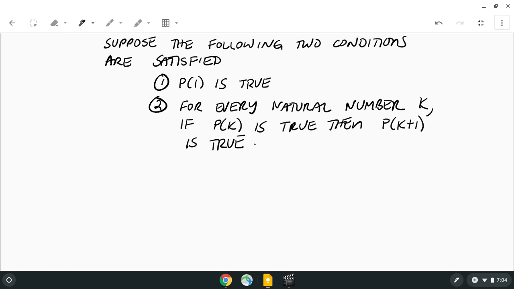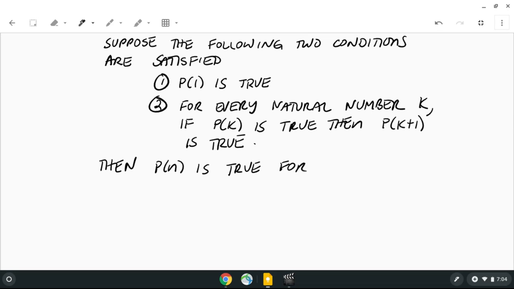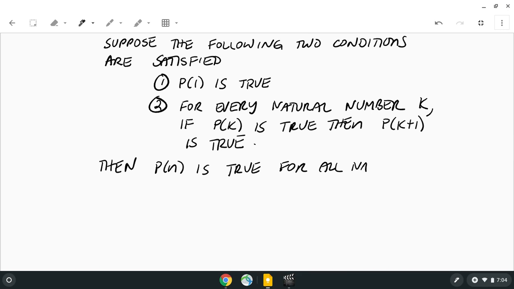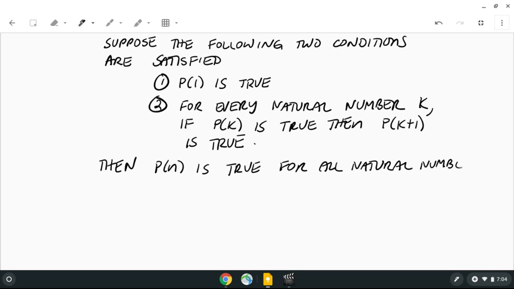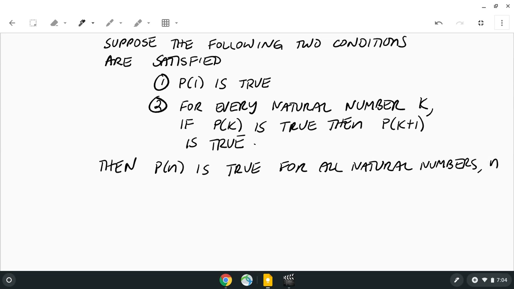If these two conditions are satisfied, then P of n is true for all natural numbers n. That's how we prove that it's true for all numbers n.